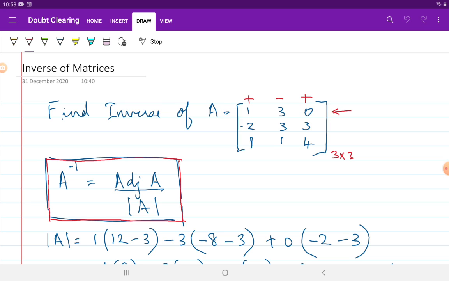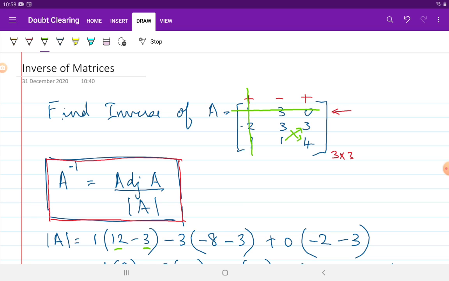So, to find the minor of the element 1, you need to eliminate the row and column to which this element 1 belongs to, and the minor will be 3 into 4 minus 1 into 3. As you can see, that's how we got 1 into 3 into 4 is 12 minus 1 into 3, and that's how I got this number.